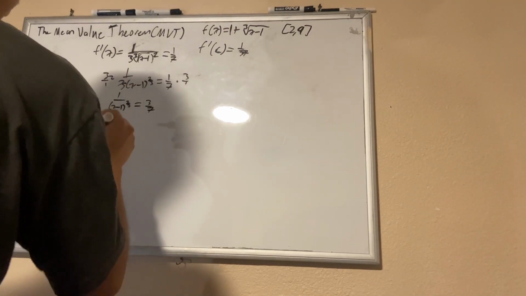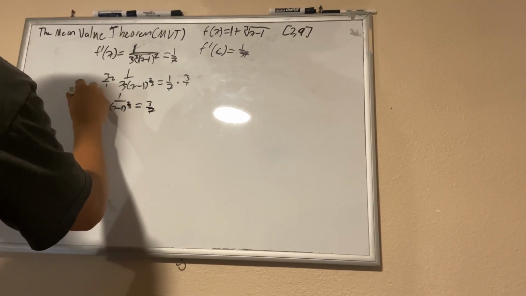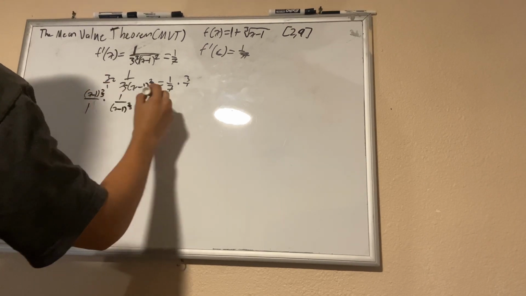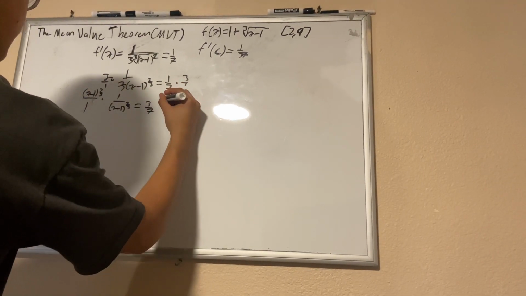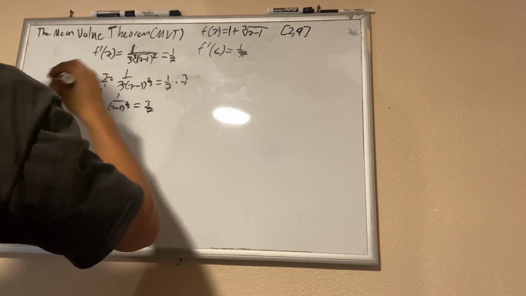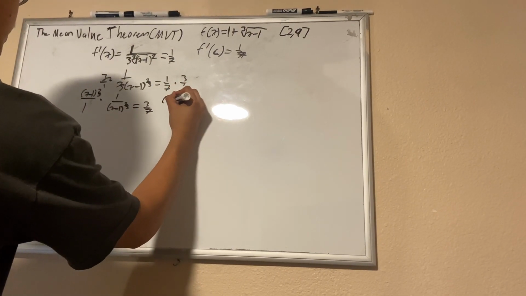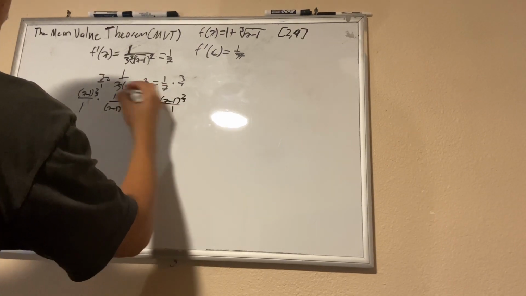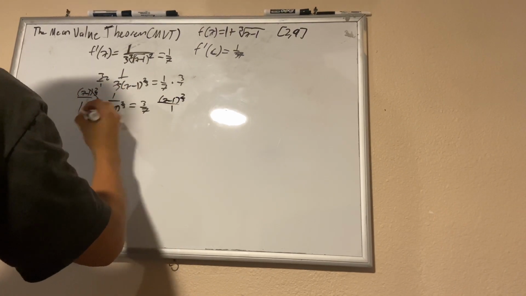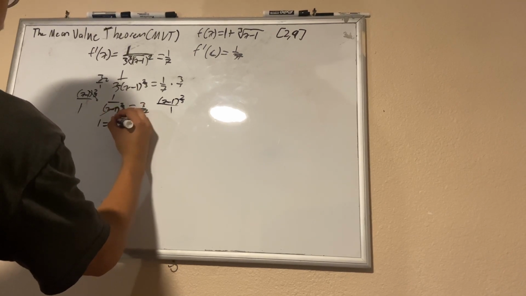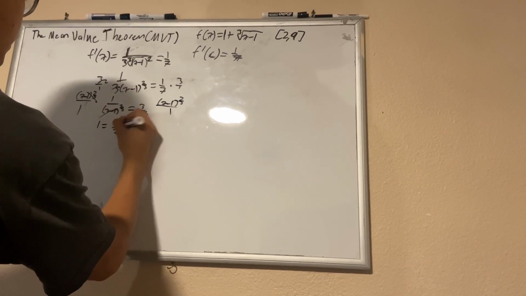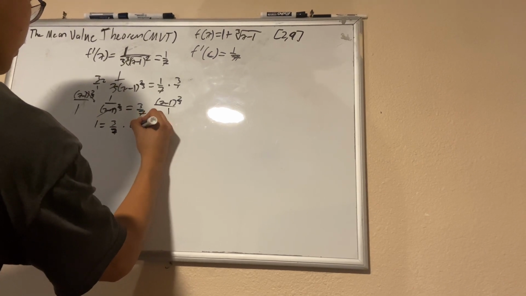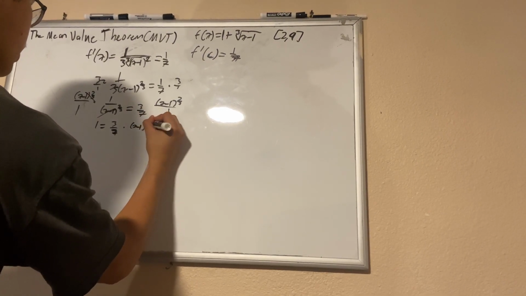From there, multiply this by x minus 1 to the power of 2 over 3 over 1, I guess. And then same thing you do to that side, you do to this side. These are going to cancel out. We get 1 is equal to 3 over 7 times x minus 1 to the power of 2 over 3.